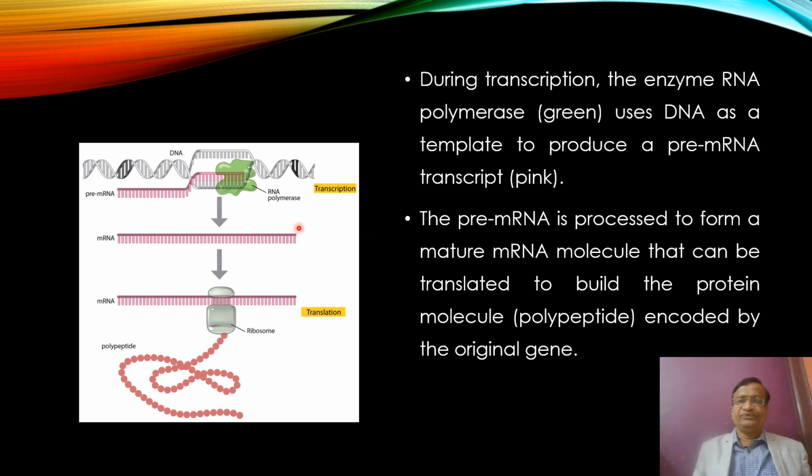Now you see, during transcription, the enzyme RNA polymerase, this is green, uses DNA as a template. This is the template, and it produces pre-mRNA. Then it produces mRNA, which comes out from the DNA template, and then this mRNA goes into the ribosome and gives out polypeptides. This is the basic. If you change something somewhere here, the problem will change.